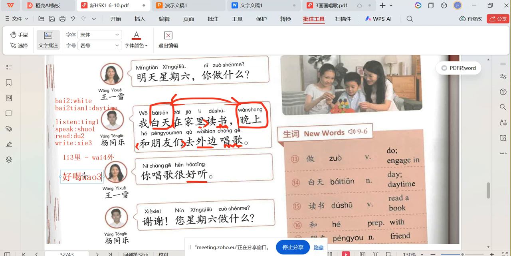Delicious, but delicious for drink. 好喝。 咖啡好喝。 可乐好喝。 可乐 is Coke. 牛奶 is milk.